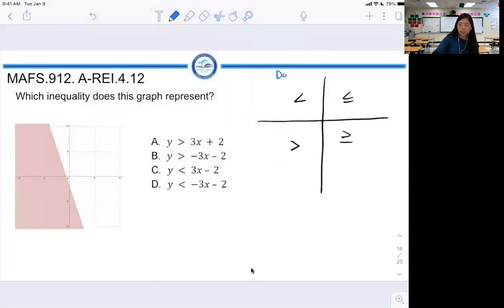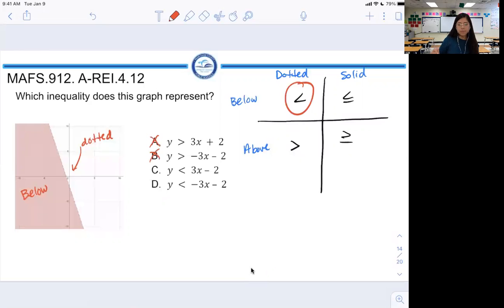We've made this little chart a million times before, so hopefully you remember it by now. But this would be a dotted line. This would be solid. Here we shade below. Here we shade above. So in this example, I am below, and that looks like a dotted line to me. So if it's below and dotted, I'm looking at this symbol, which means answer choice A and B are out.